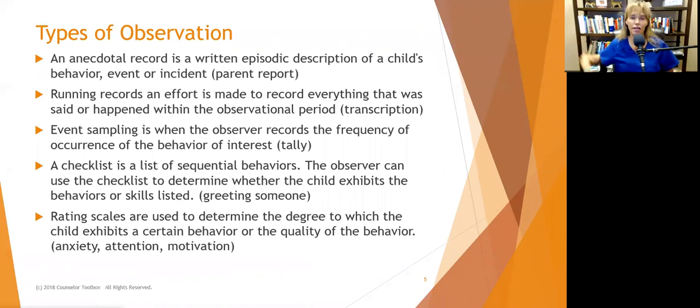You see where I'm going. You want to anchor those rating scales. And a lot of the assessments that we're going to talk about today do have anchors on their rating scale. So it's not sometimes, always, and never, because that means different things to different people. So we want to get something very concrete. What percentage of the time did this happen?